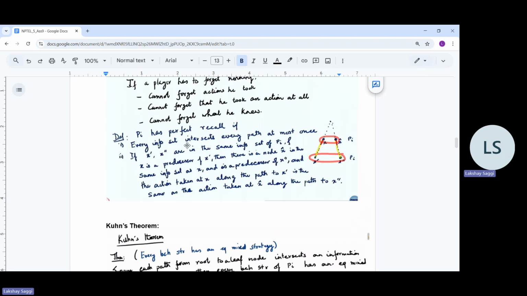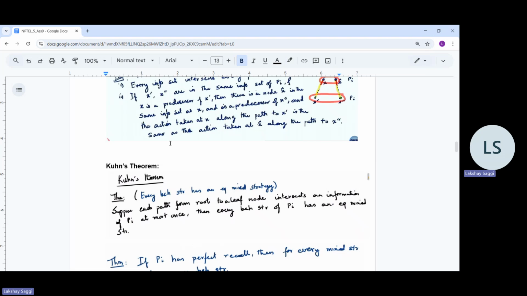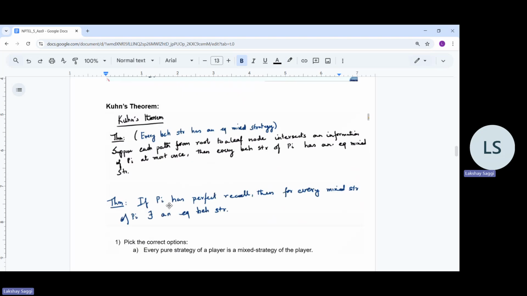Every information set intersecting every path at most once. If this is true, then every behavioral strategy has an equivalent mixed strategy. But for every mixed strategy to have an equivalent behavioral strategy, both of these should hold, one and two. If Pi has perfect recall, then for every mixed strategy of Pi, there exists an equivalent behavioral strategy. So this is the second part of the theorem.